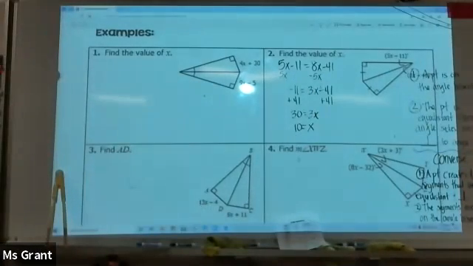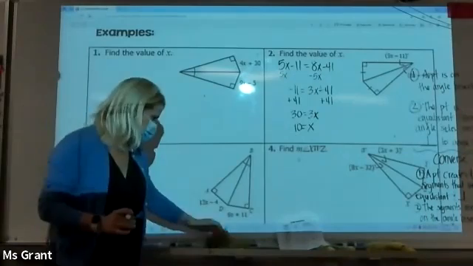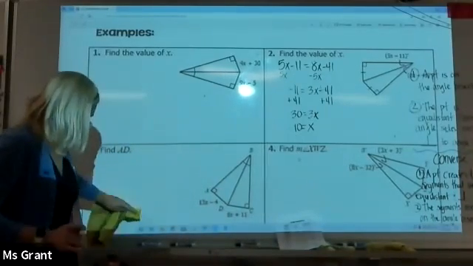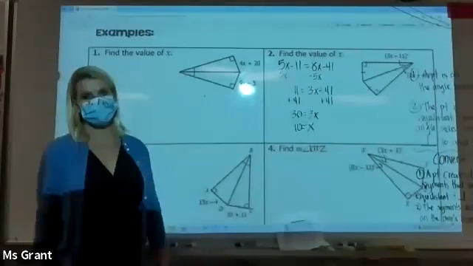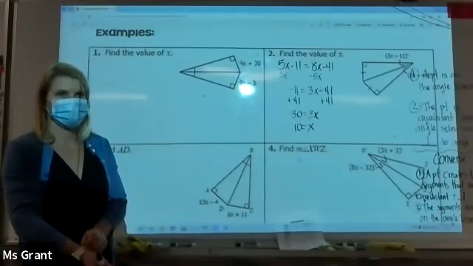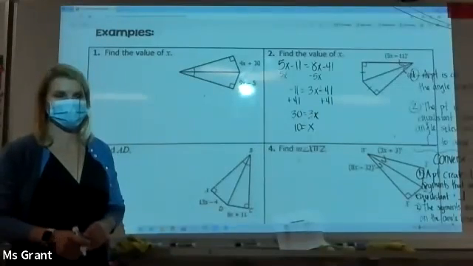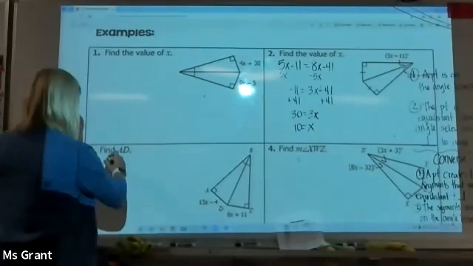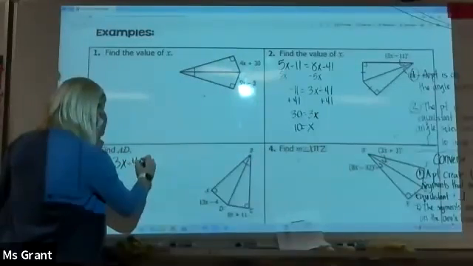Number 2 is good. I'm going to now look at number 3. Can you all please look at number 3? Somebody, can you tell me how to set it up? You do 13x minus 4 equals 6x plus 11.